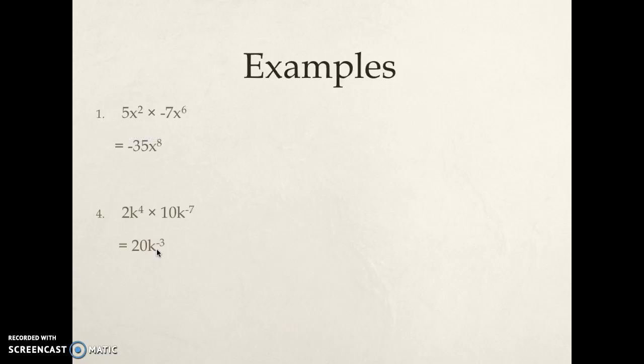We don't like that negative 3, so with the negative exponent rule, we have to flip that. In this case, we're just flipping the k, because the negative 3 is attached to the k only. So we put 20 on top and divide that by k to the 3rd power.